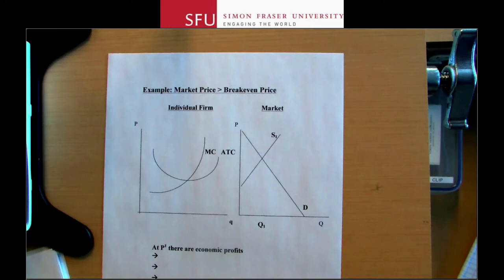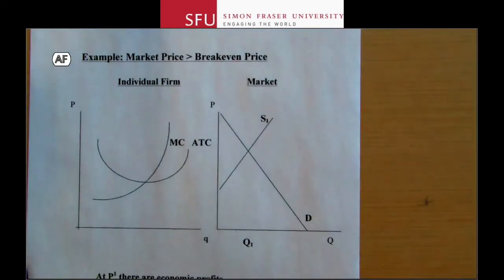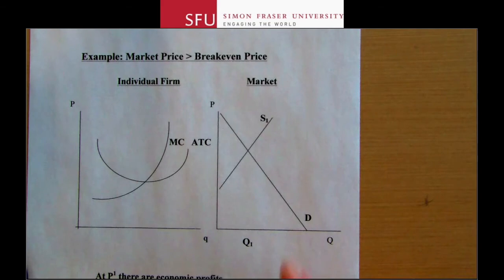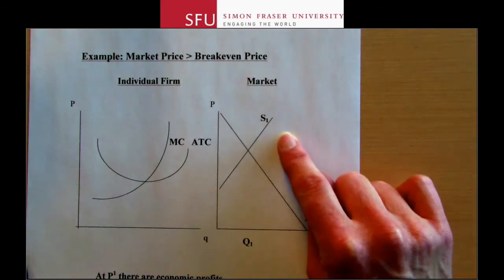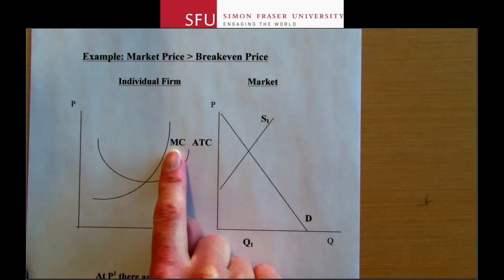All right. So we have our two diagrams, just like we discussed on the first few pages of the chapter last class. We have two diagrams because what we want to show is both the market supply and the individual supply, which is the marginal cost for the individual firm.